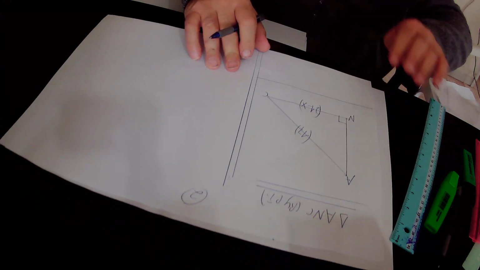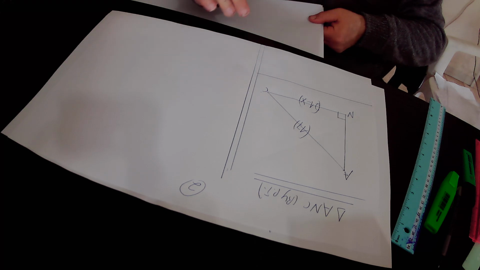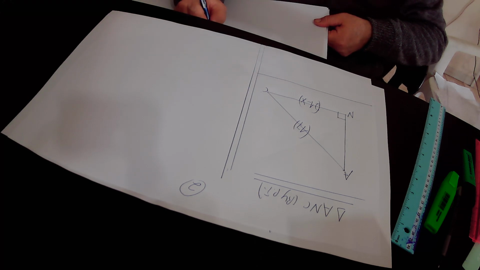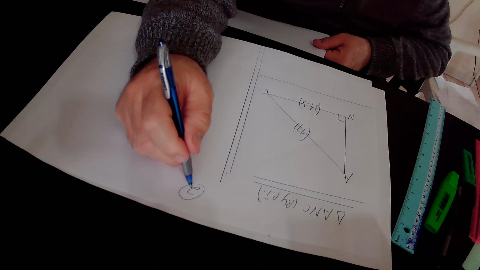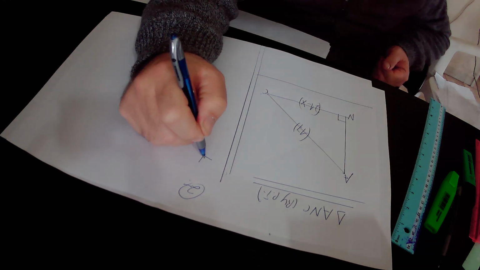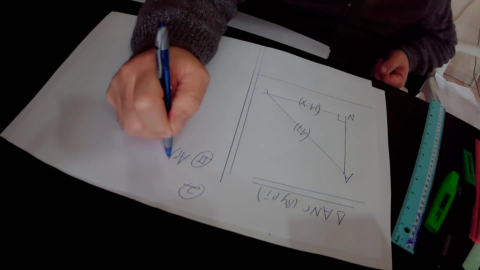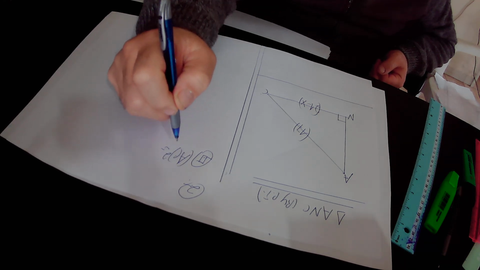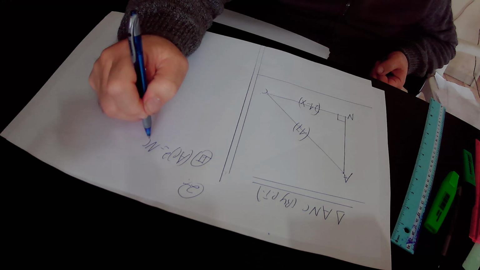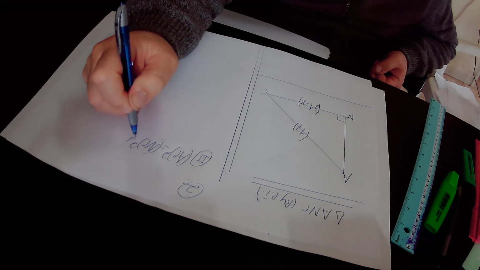In this right triangle ANC, according to the Pythagorean theorem, AC squared equals NC squared plus AN squared.